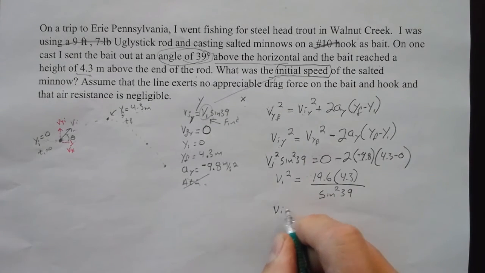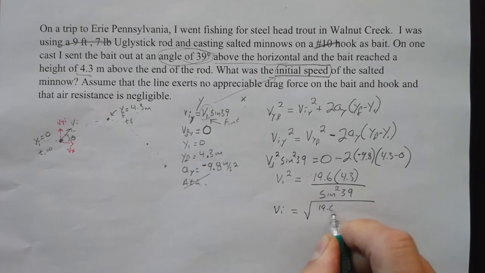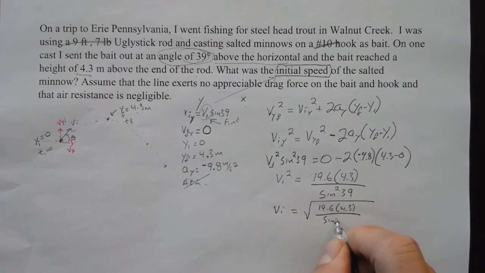So V initial, which is the speed, is the square root of all that. 19.6, 4.3, sine squared 39.